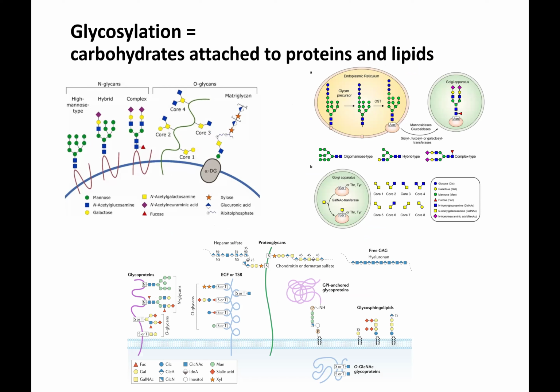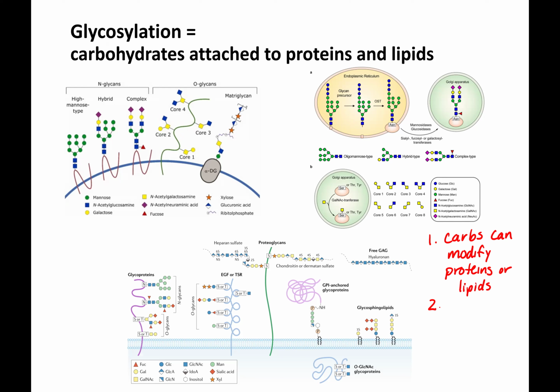And so this very busy slide, don't get overwhelmed. There's just a few key points I want you to remember. So first key point is carbs can modify proteins or lipids.